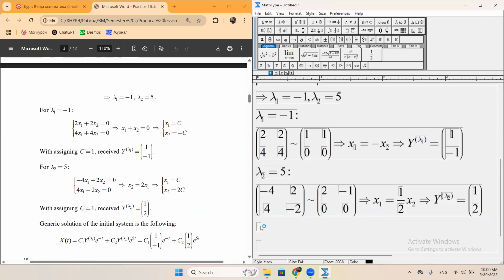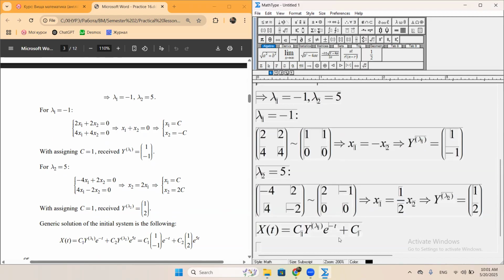So how to write down the generic solution? It will have the following form, written in vector form. C1 multiplied by Y1 and e in power of lambda 1 t, so e in power of minus t.